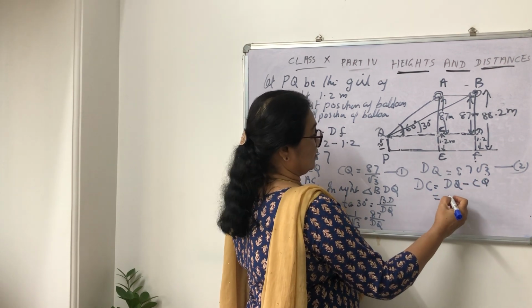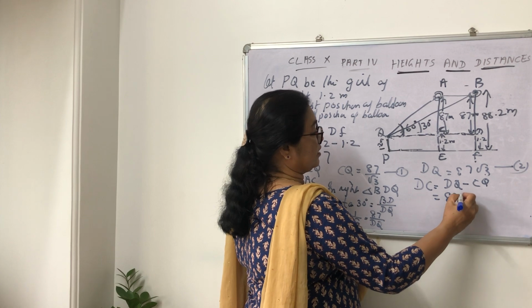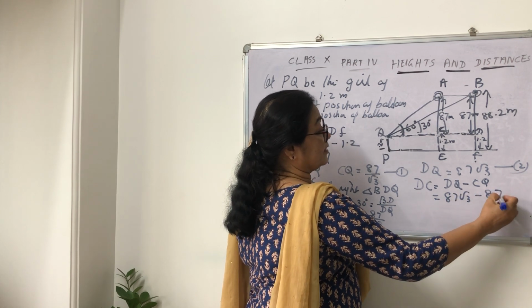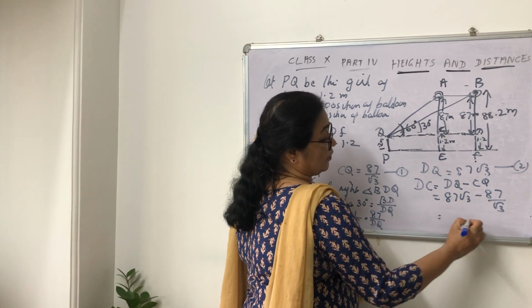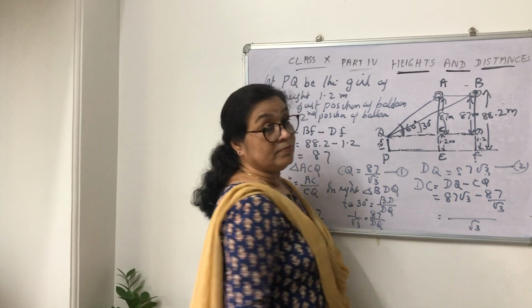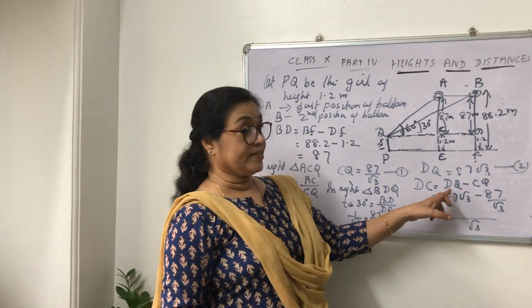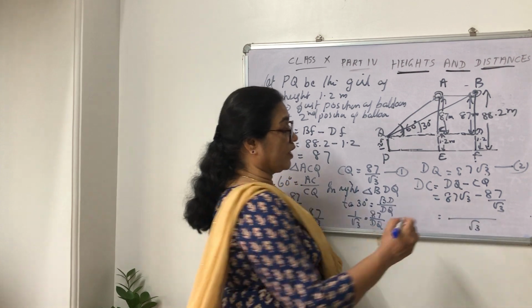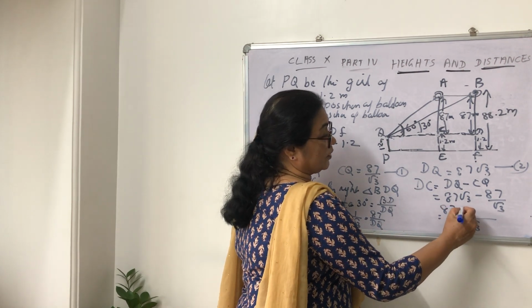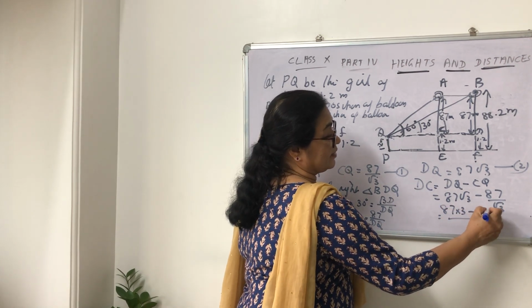That is 87 root 3 minus 87 by root 3. You can take root 3 as LCM. 87 root 3 into root 3 is 87 into 3, minus 87.